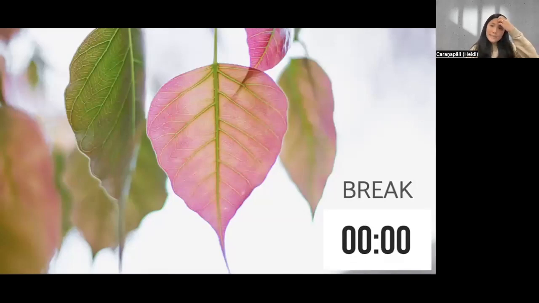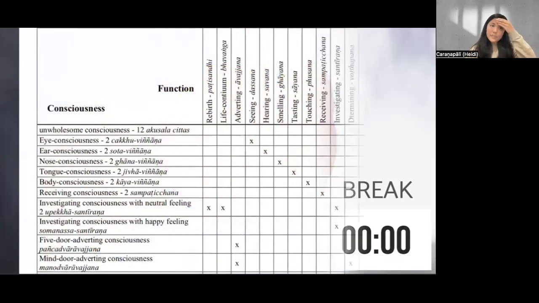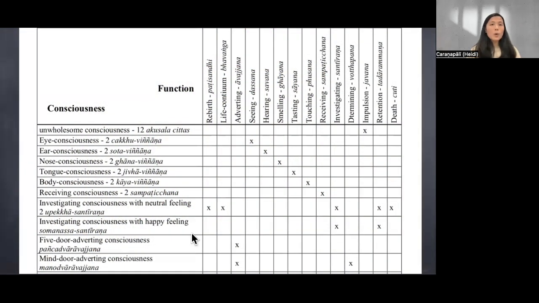All right. So for now, let's take a look at the table. So we know what kind of consciousness can perform what kind of function, right? Okay. Everyone ready? Yeah. Okay. So let's take a look. Now, here on this side, we have consciousness, and here we have function. So we see the 14 types of functions are listed here.